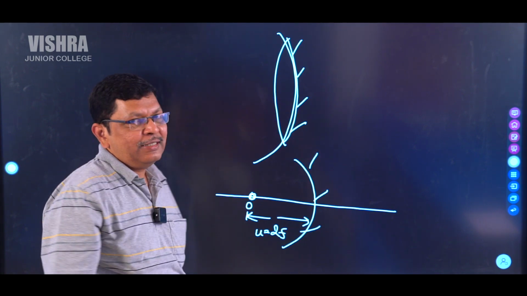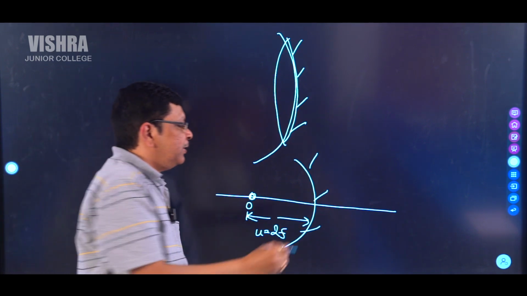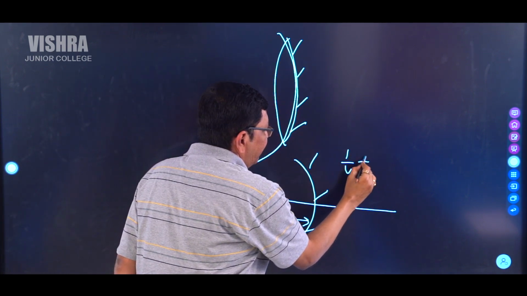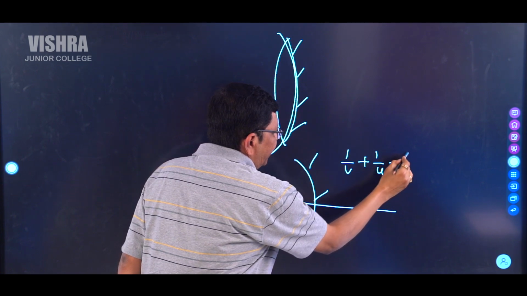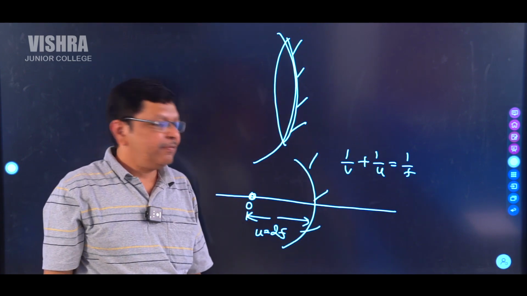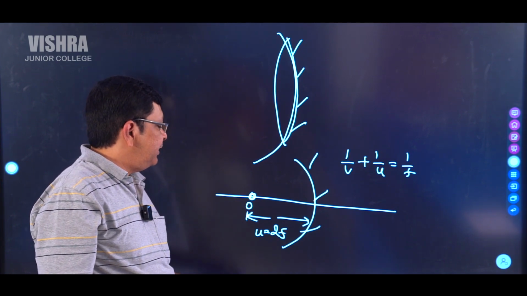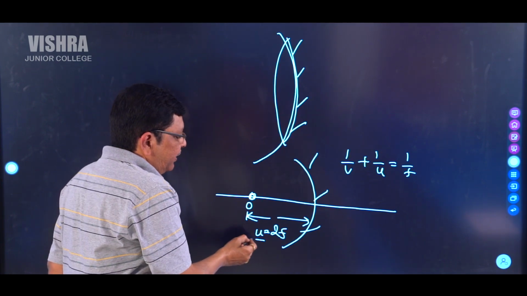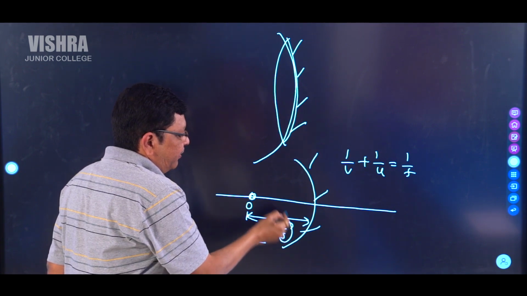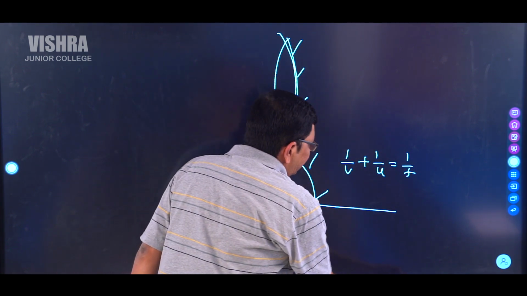You can use the mirror equation 1 by v plus 1 by u equals 1 by f. From this, when v and u are equal, in case of a concave mirror u will be 2f. Means in this problem I have to calculate the object distance, means I have to calculate the focal length of this effective mirror. So let me go for the focal length.